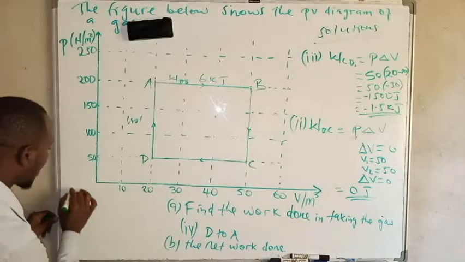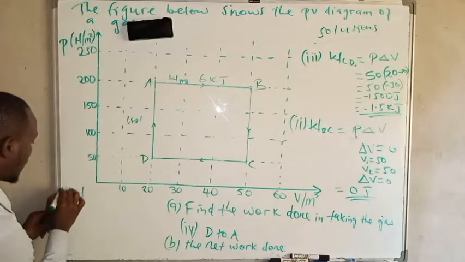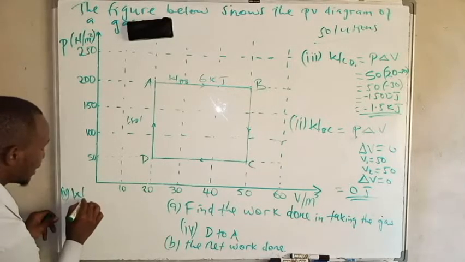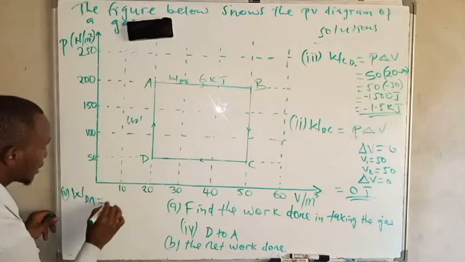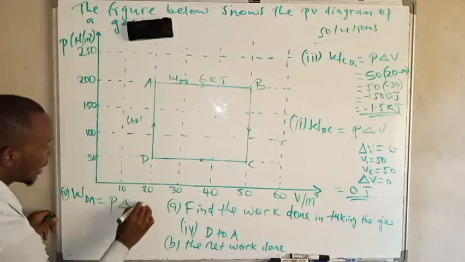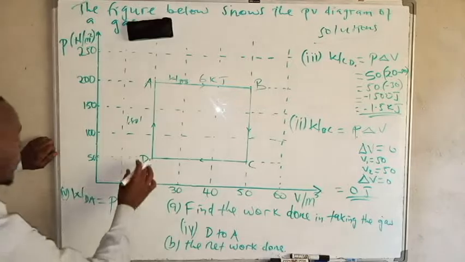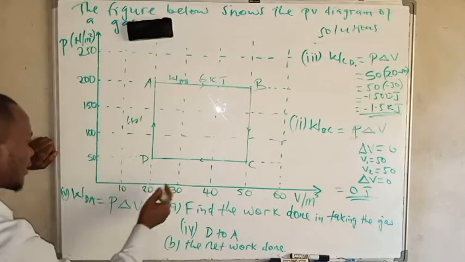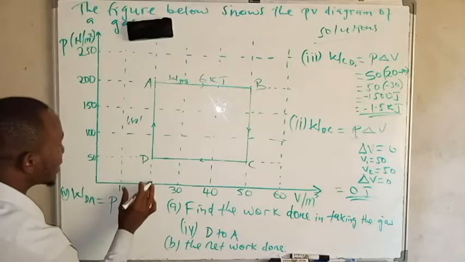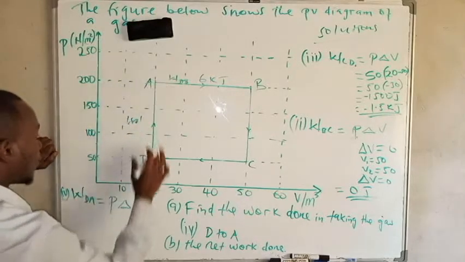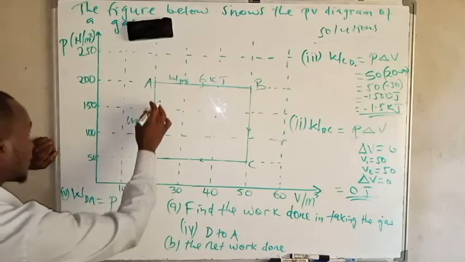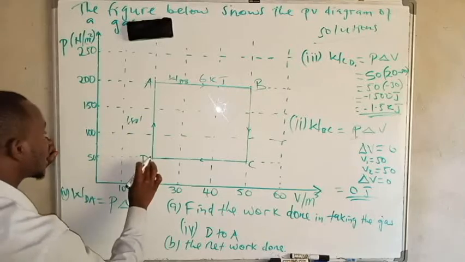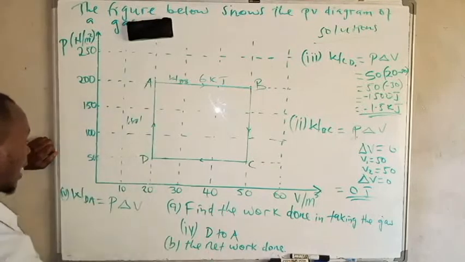So this line is isovolumetric. The work done in D to A is equal to P delta V. We shouldn't waste time, because we know that this is the same volume; it is isovolumetric, so the volume at this point and at this point are just the same.